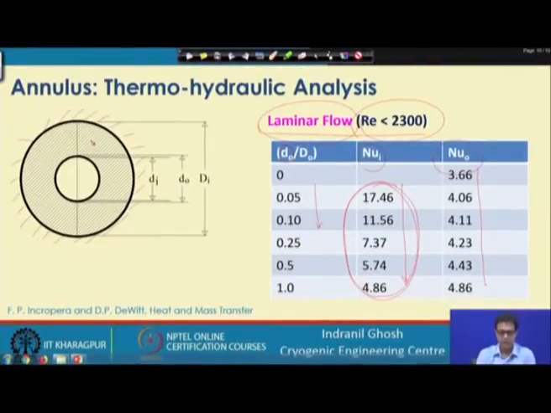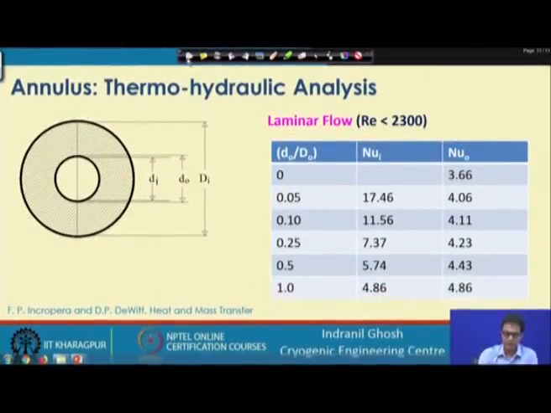You may be remembering that in one of our earlier classes, when we were solving the first numerical problem in connection to epsilon-NTU, we solved a tube in tube heat exchanger, and there we estimated the heat transfer coefficient of that annular space h0 using one of these equations. If you go back to your earlier lectures, you will be able to correlate it with this one.